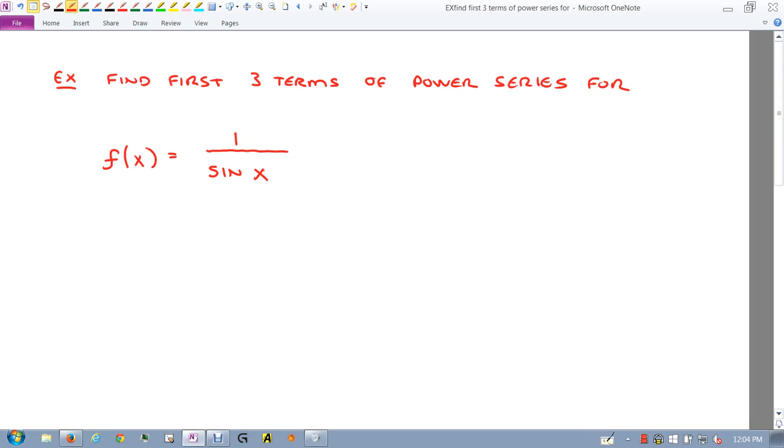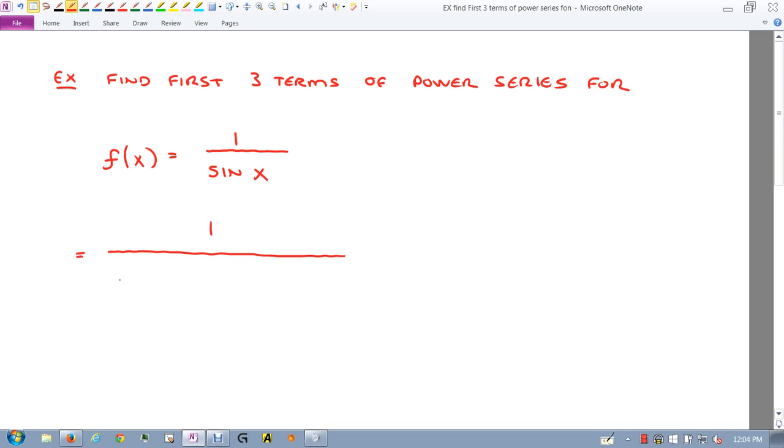The only thing I know is the power series for sine, right? That's all I know. So I'll rewrite this as 1 over, what is the power series for sine? This time I'm not going to write in the sigma notation. I'm just going to write out the terms.